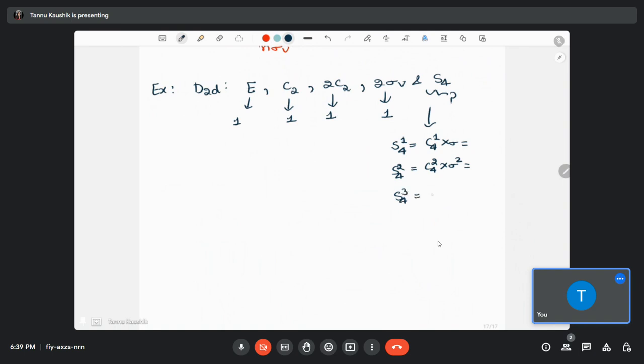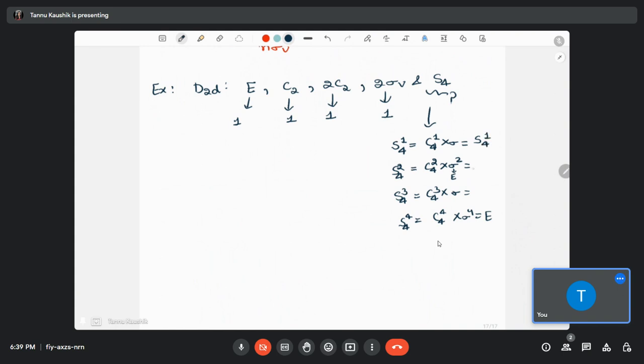So S4^3 will be equal to C4^3 into sigma, and S4^4 will be equal to C4^4 into sigma^4, which is equal to the identity element.